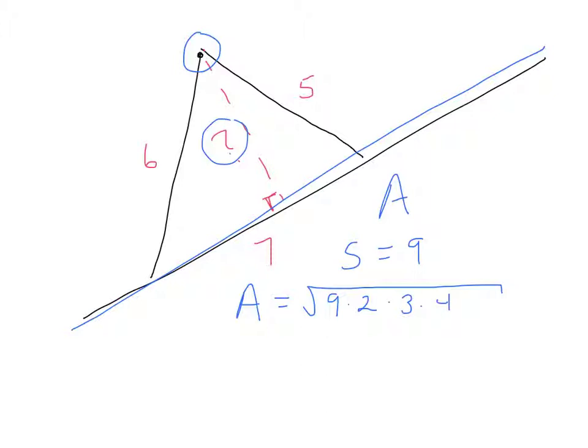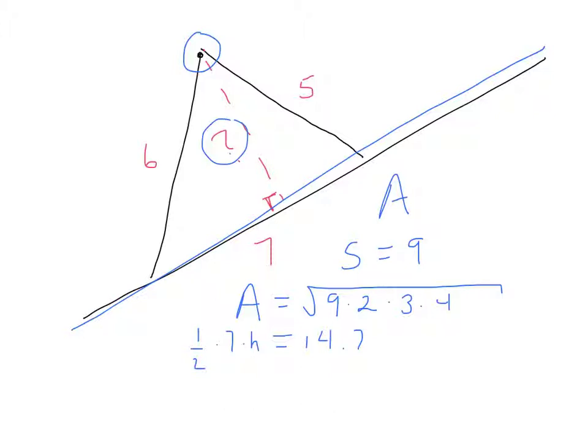A little calculation tells me that that is 14.7. So 1/2 times 7, which is the base, times the height, is equal to 14.7.